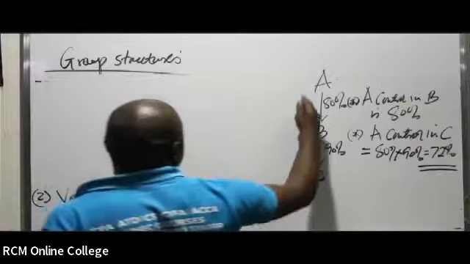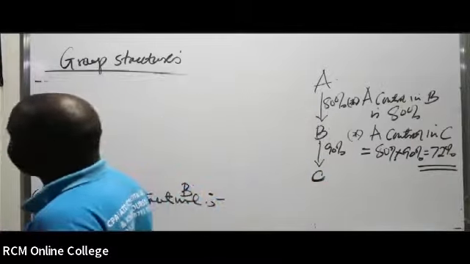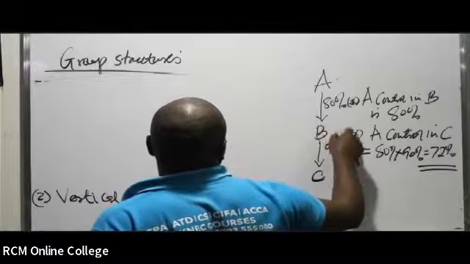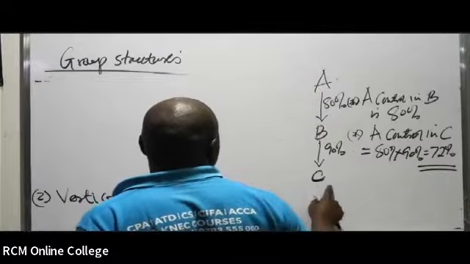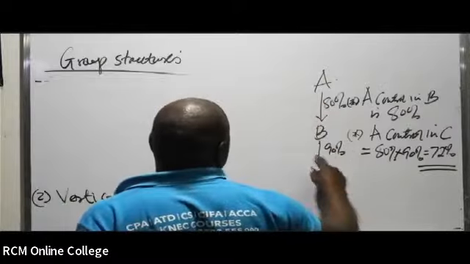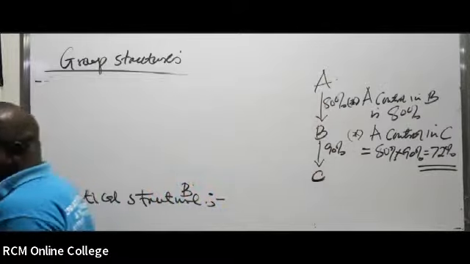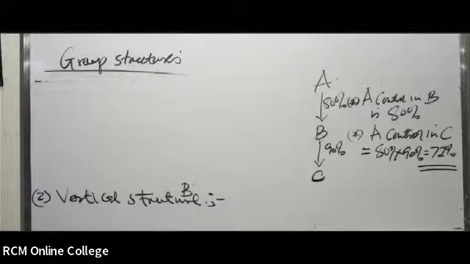So you can see this one indirectly still controls this one, by the fact that it already has an ownership stake here. How do you get the control? This times this, you get 72%.